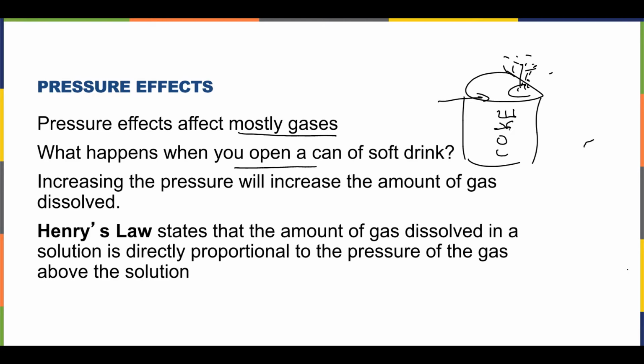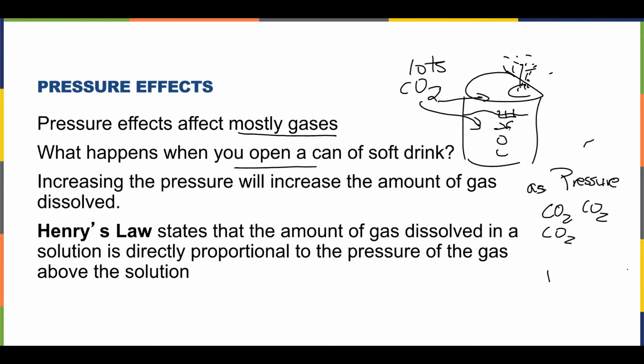To get the CO2 in there, we put lots of carbon dioxide above our solution, our liquid here of Coke. As the pressure of that gas over the liquid goes up, so we have more and more carbon dioxide above our water, more and more carbon dioxide dissolves in the water.